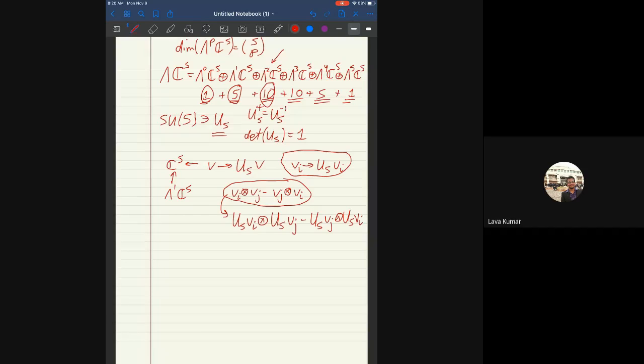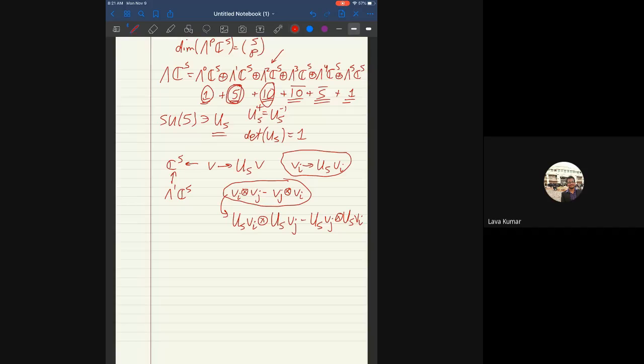Now, the remaining 3 representations are just the complex conjugates of the first 3. So this is the 10 bar, nothing but the complex conjugate of the 10. This is the 5 bar, nothing but the complex conjugate of this representation. And this is the 1, the trivial representation, so its complex conjugate is also trivial. It doesn't do anything.